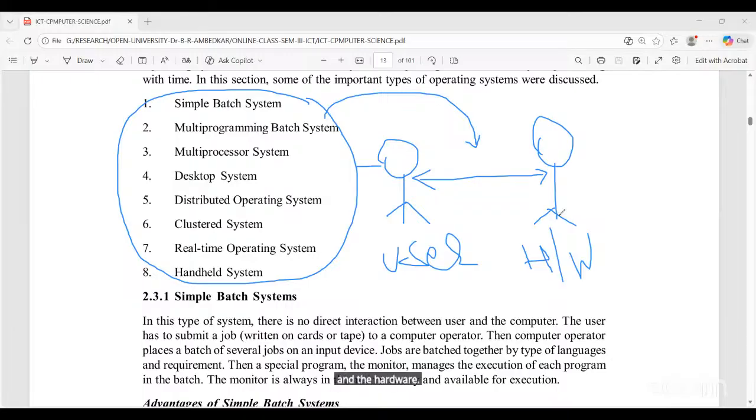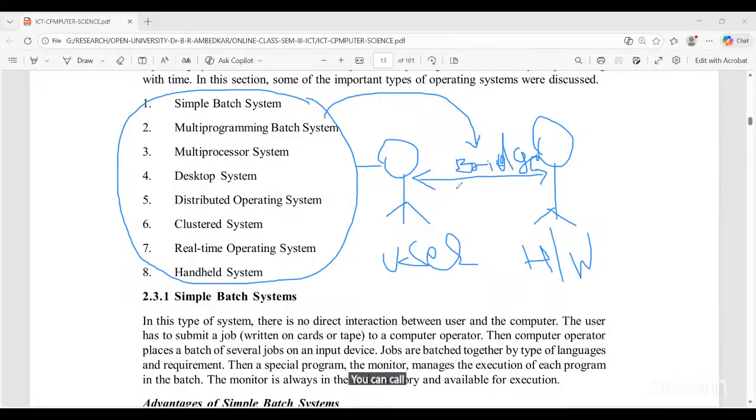You can say the operating system can be simple batch or multi-programming, multi-processor, desktop, any operating system. It is a bridge between them.